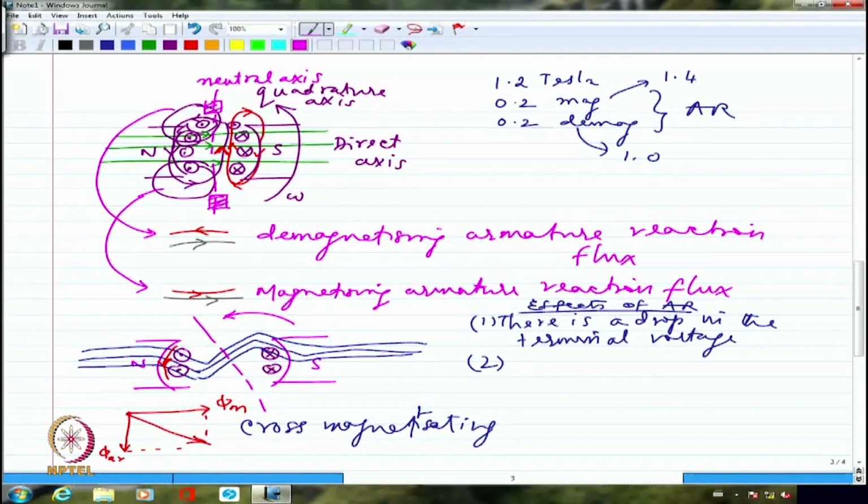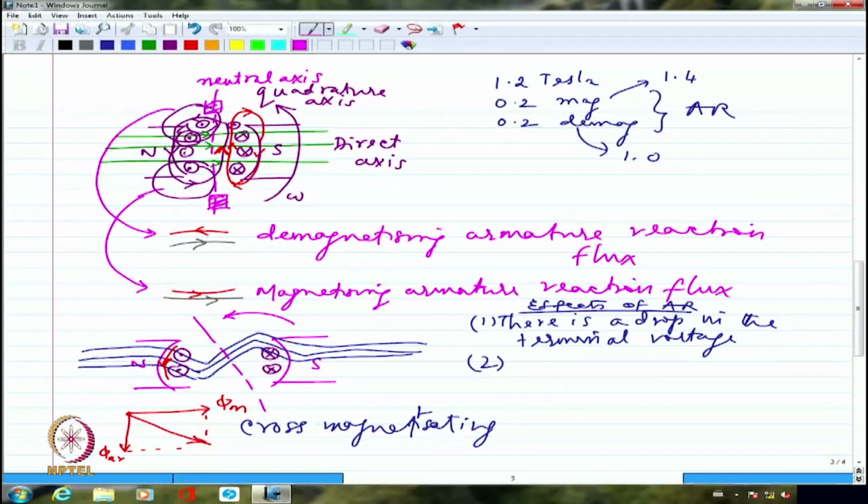wherever we are having this dot, if we can have some kind of compensation for that dot by having a cross, can I have some winding there which will immediately nullify the effect of armature reaction? If I can do that, nothing like it. All this armature reaction is null and void.